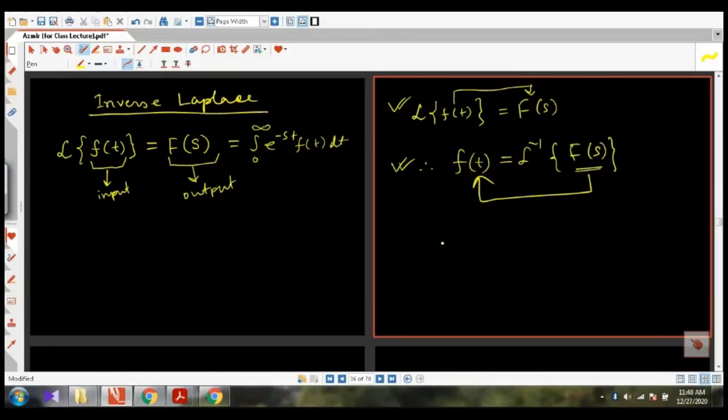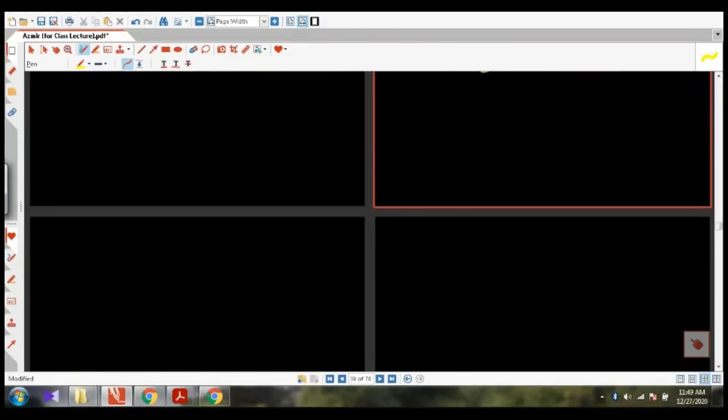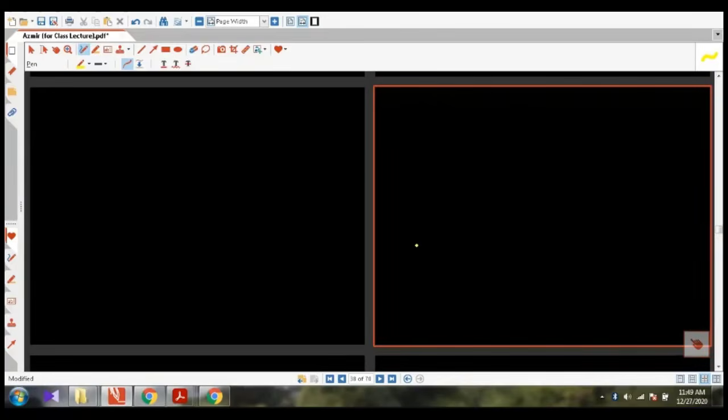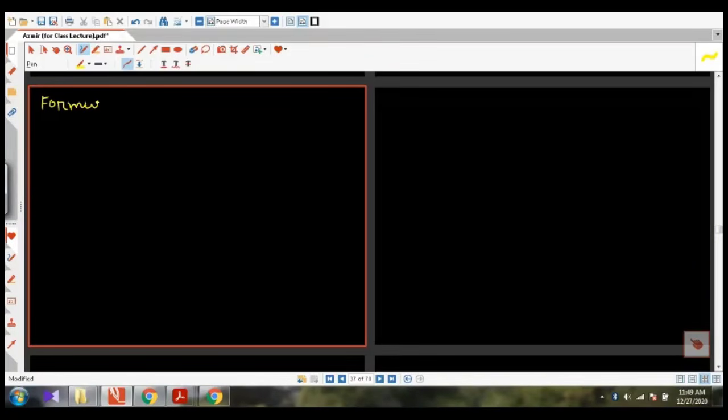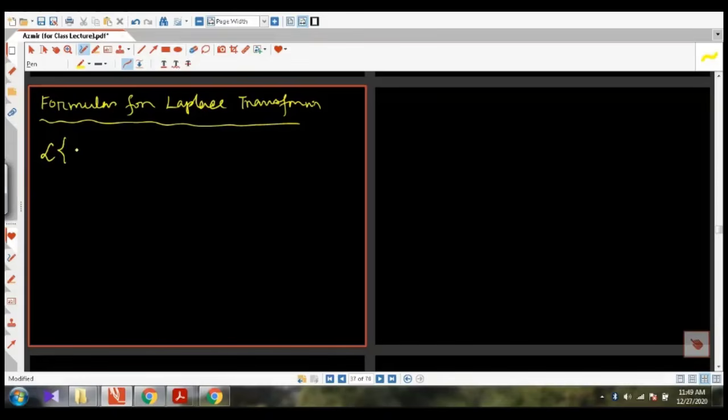So let me recall all the formulas we have learned yesterday. Formulas for Laplace transformation. The Laplace transformation of any constant is the constant divided by s.